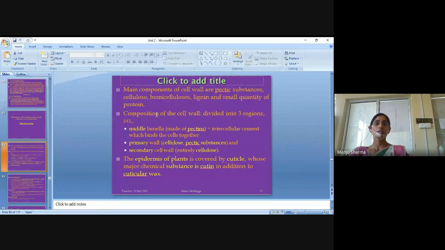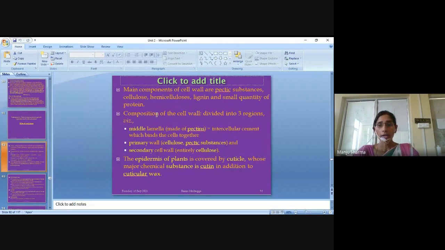The main components of the cell wall are pectic substances like cellulose, hemicellulose, lignin, and a small quantity of protein. Okay, you know about that.